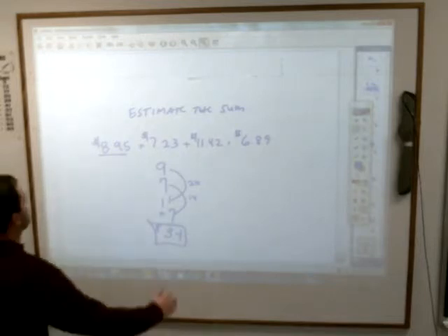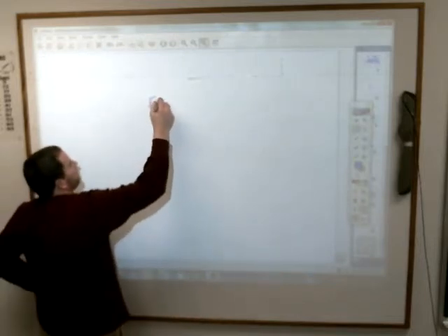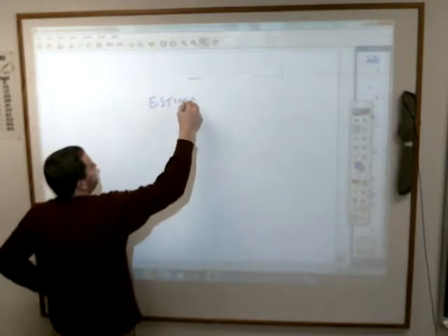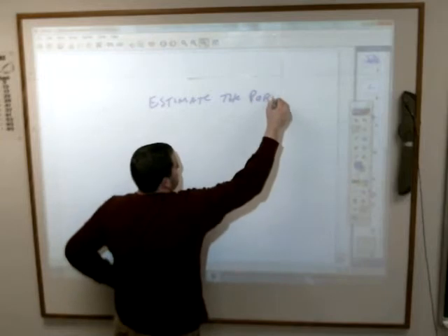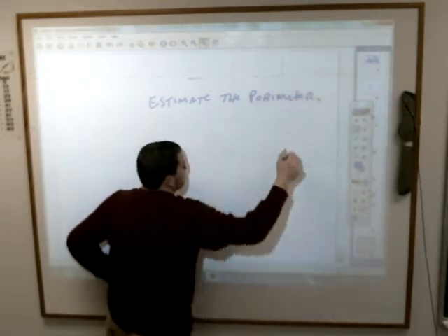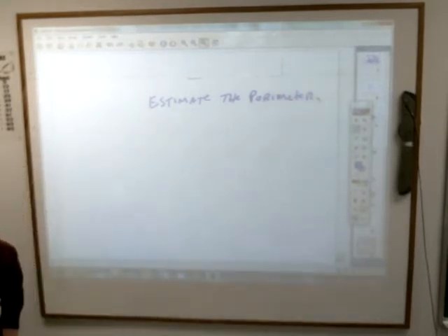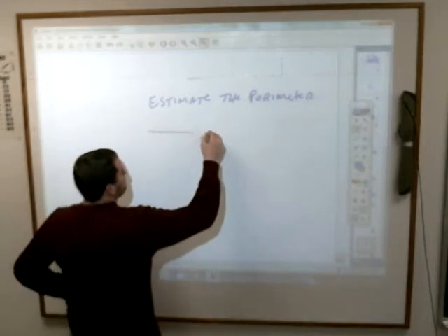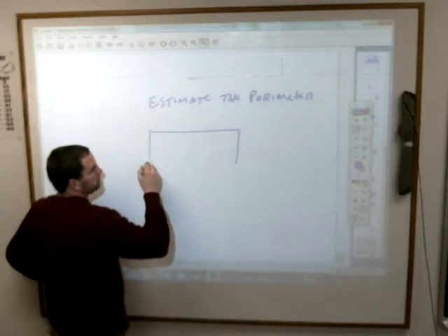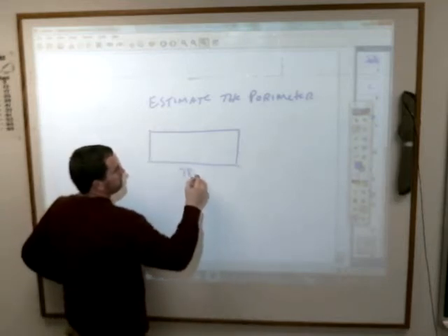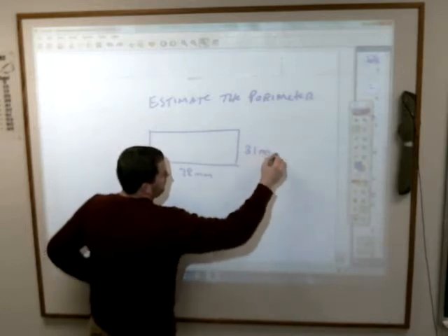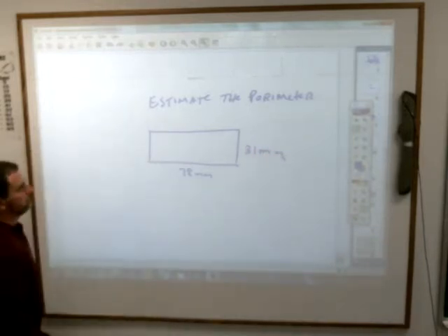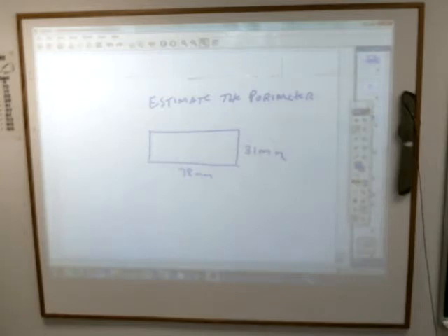Or how about this problem? Estimate the perimeter. And I have this shape here, which is 78 by 31. This problem comes up, what's the first thing you'd have to do? Draw the shape, see we're getting there.